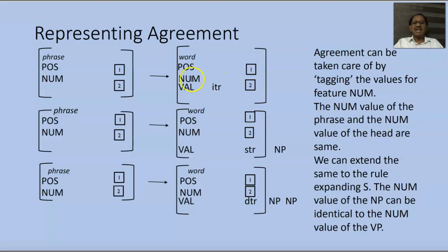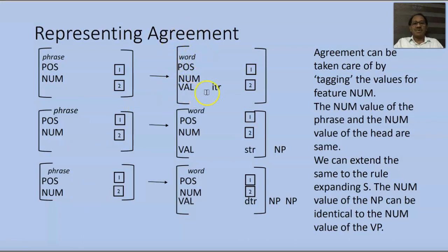Agreement can also be a feature, but it is actually tagging the number value. We are looking at number agreement. So number as a feature which has either singular or plural value, which is shared with one of the daughter's number value. Similarly, with the strict transitive and ditransitive verbs.